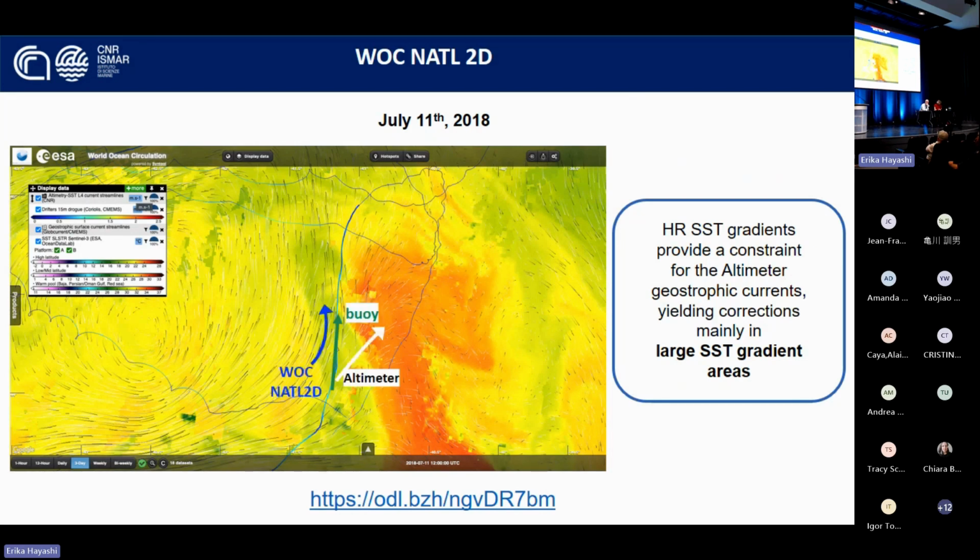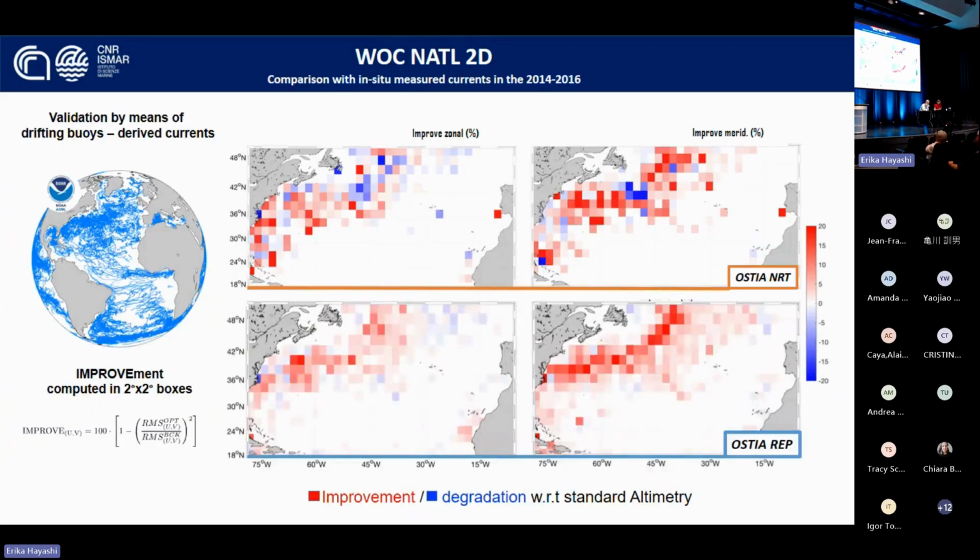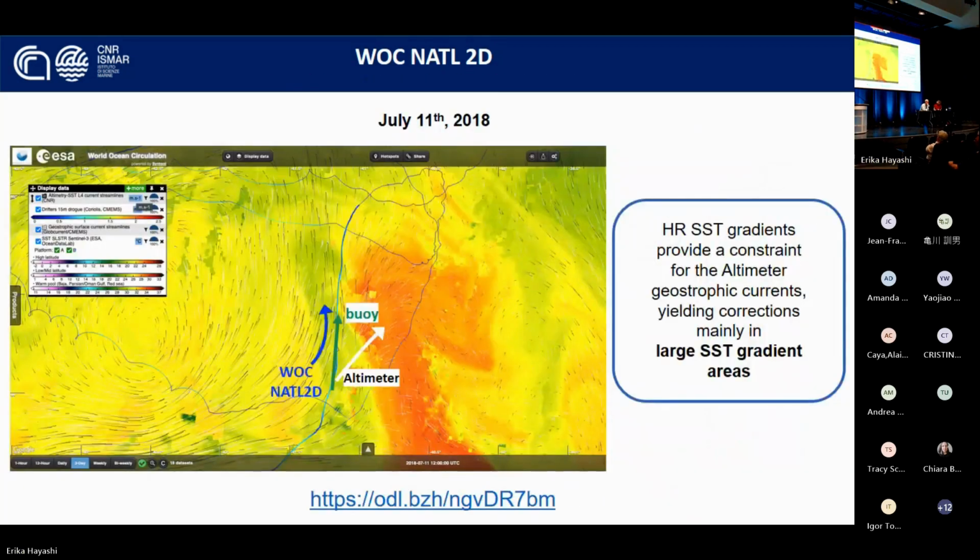Here I emphasize in white the circulation prescribed by satellite altimetry in correspondence of a quite strong SST frontal feature given in color. On the same date, we were quite lucky to find this drifting buoy flowing nearby.